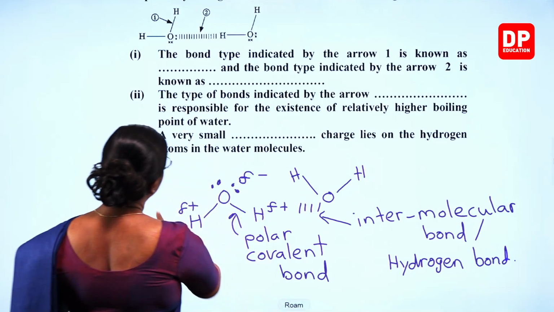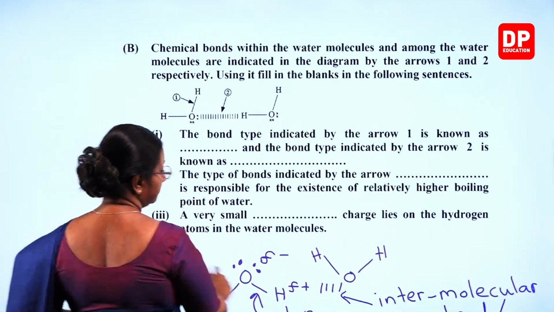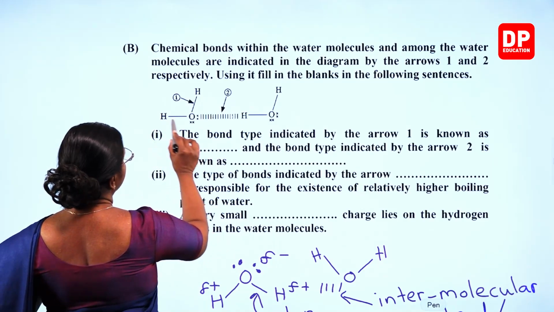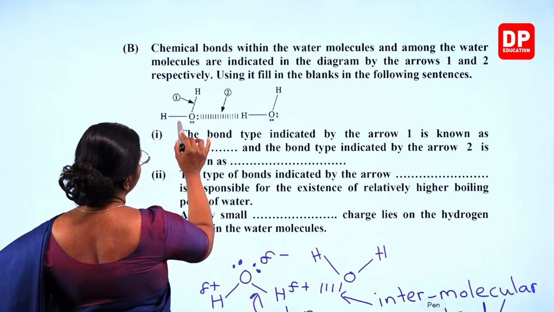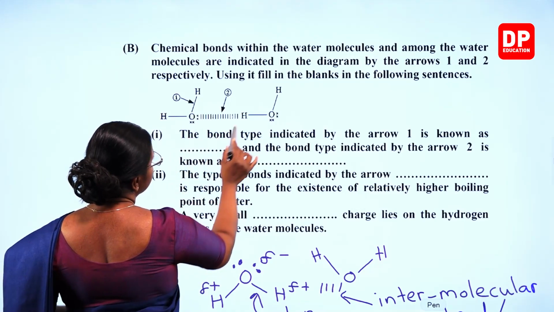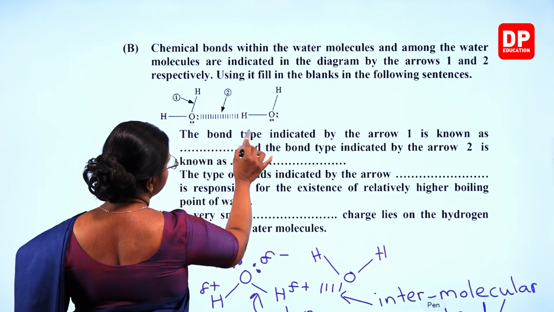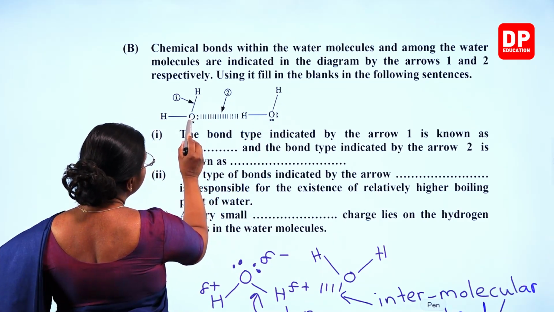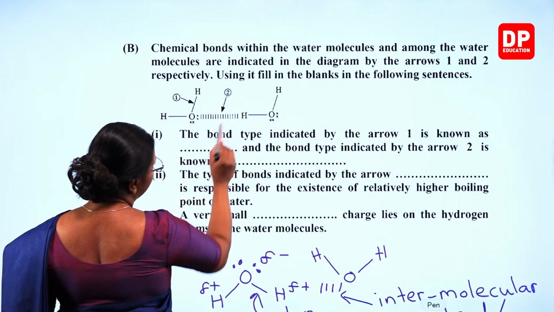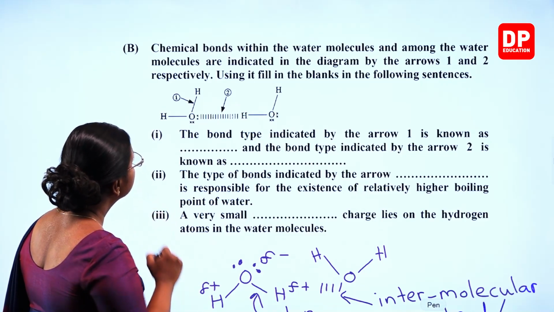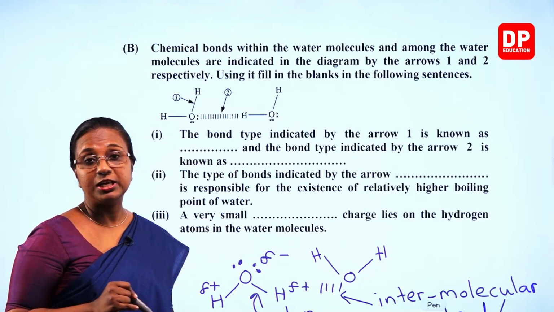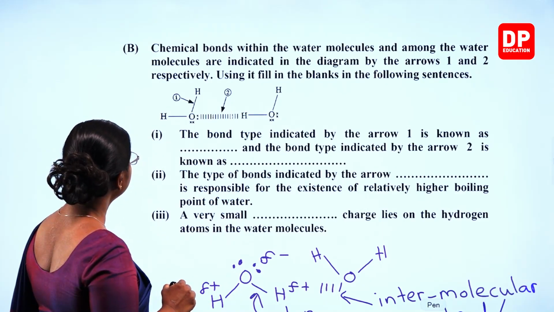So now let's answer the questions. Here you can see the same diagram. You can see hydrogen, hydrogen, 2 bonds, oxygen with the lone pairs. Then here another molecule of water, again with the lone pair and the OH bonds. Between the oxygen of one molecule and the hydrogen of the second molecule, they have shown the second bond. That is actually the intermolecular interaction, or the hydrogen bond.